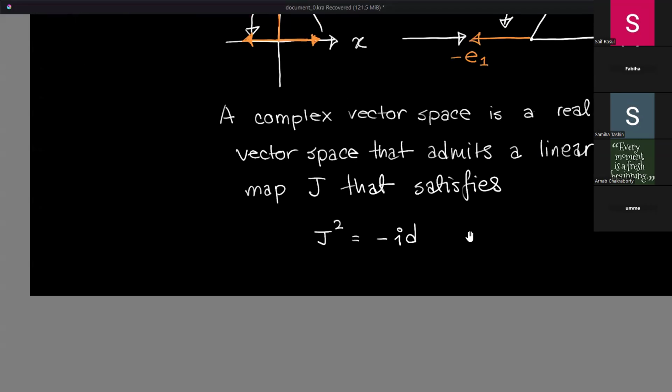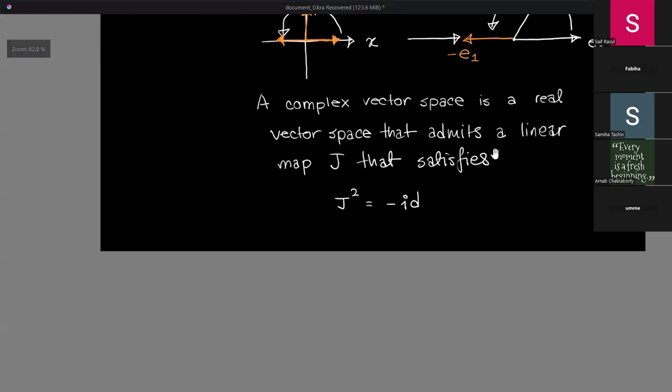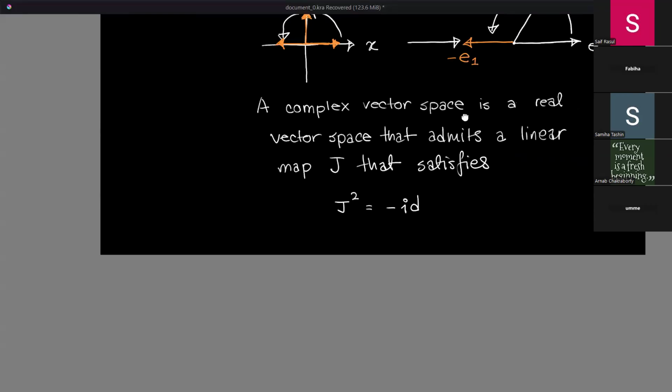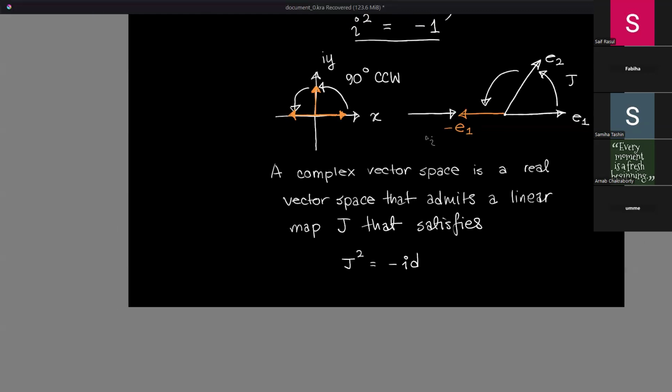I'm writing it short here. So in other words, if a real vector space admits a complex structure J, then we can think of it as a complex vector space.